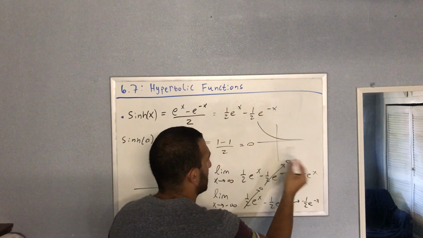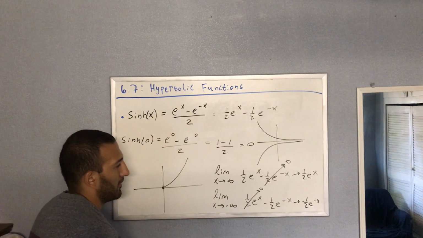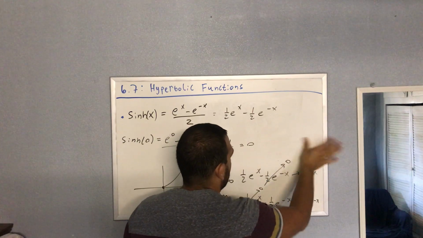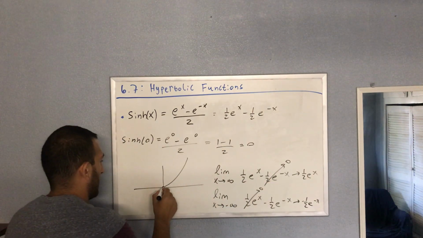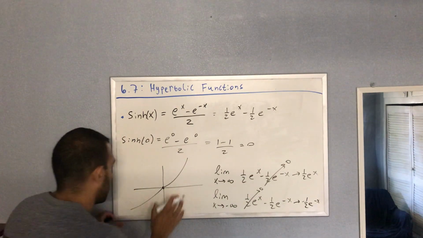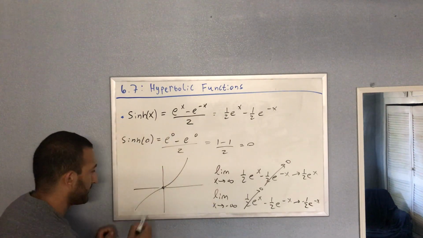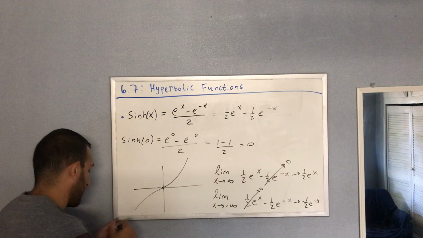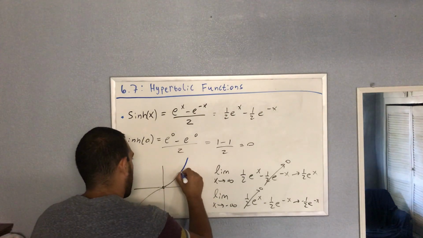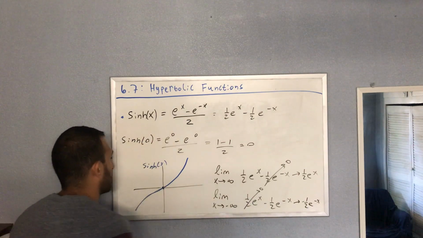But this minus 1/2 is going to flip this. It's going to make this go in the negative direction. Okay, and so this guy will actually shoot down to negative infinity. So it looks roughly like this. There's a small bend here. There we go, that's better. So this is what sinh looks like. Maybe I should put it in a different color. So hyperbolic sine looks roughly like this.